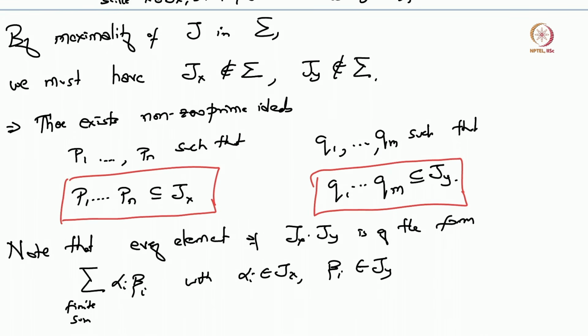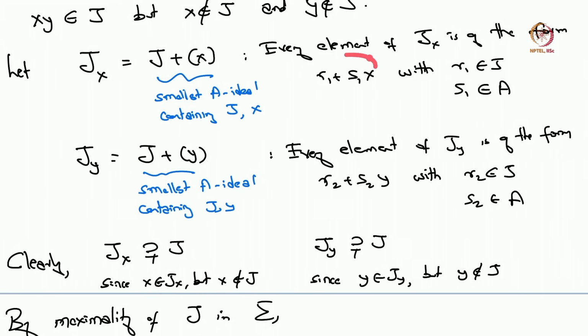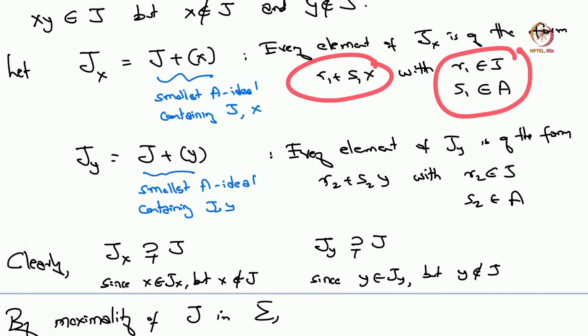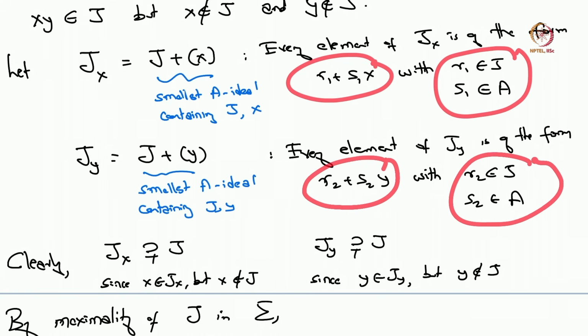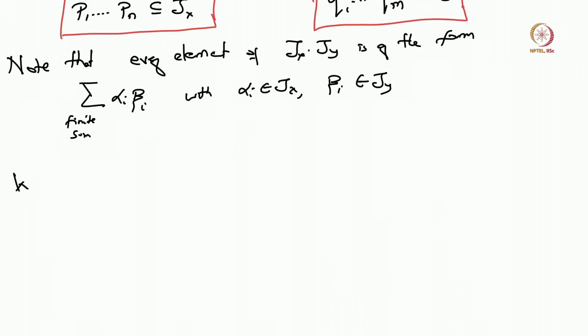But we know that every element of Jx and Jy has the special form R1 plus S1x, where R1 belongs to J and S1 belongs to A, and R2 plus S2y, where R2 belongs to J and S2 belongs to A. So write alpha I as R1 plus S1x and beta I as R2 plus S2y.